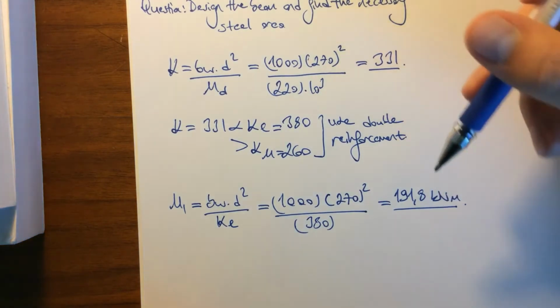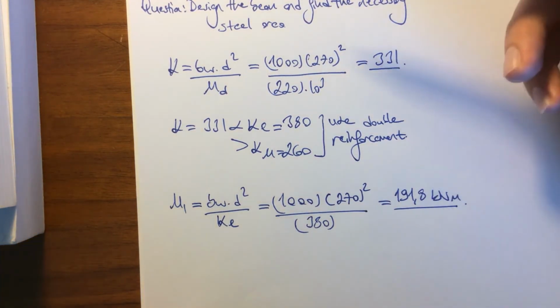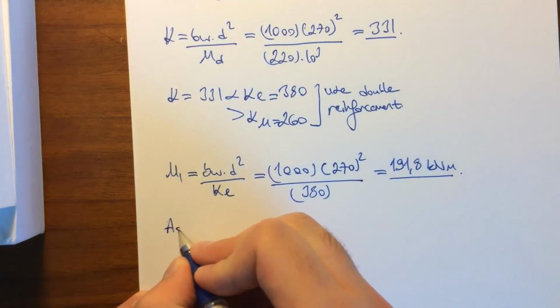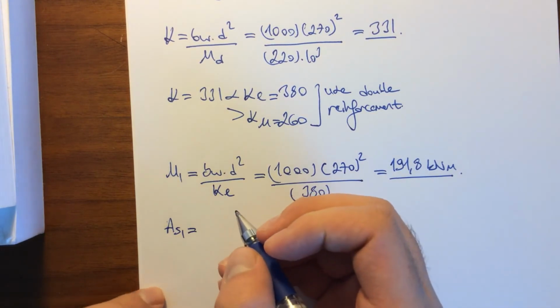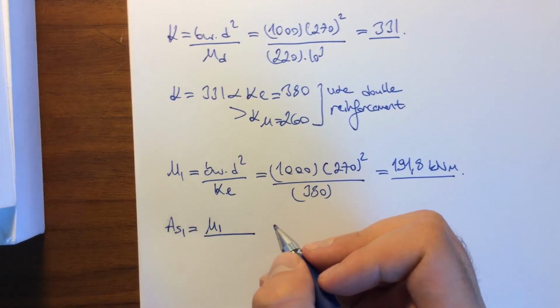So this is the moment value that we are going to use for getting the steel area in the tension zone. And recall the formula for the steel area in the tension zone, which we have used in the first question. It is very simple.